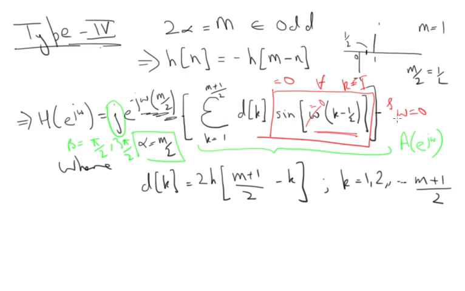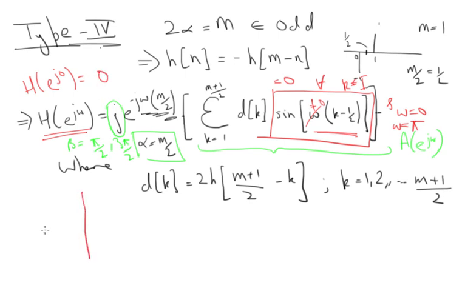But here for omega is equal to pi, this term will not be equal to 0. So you can say for type 4 systems, the frequency response at 0 is always 0.